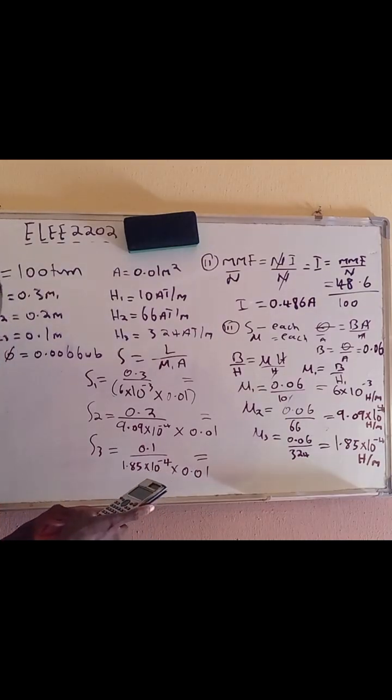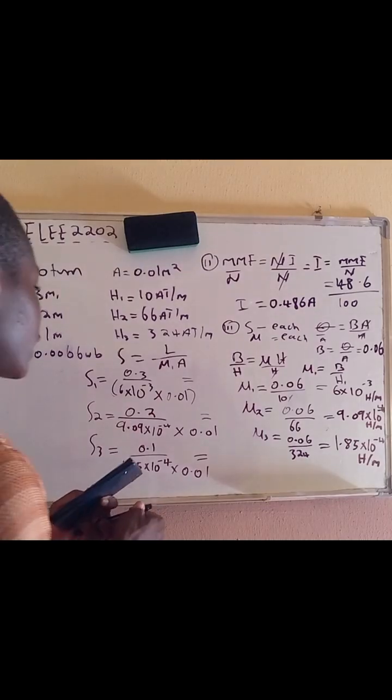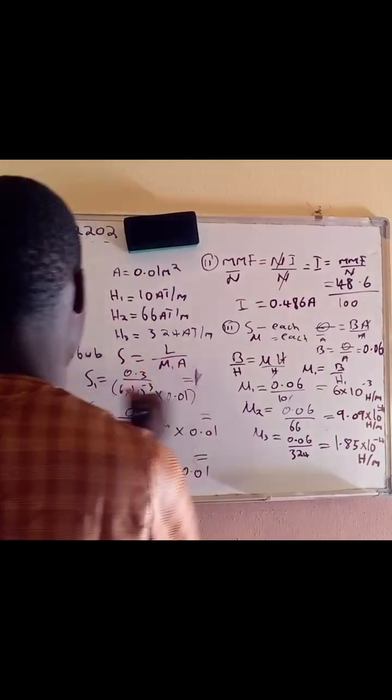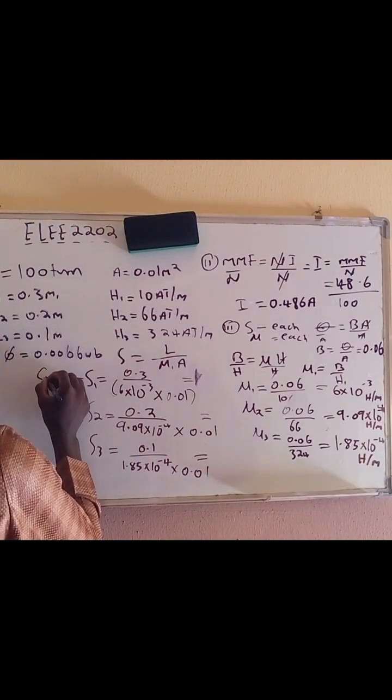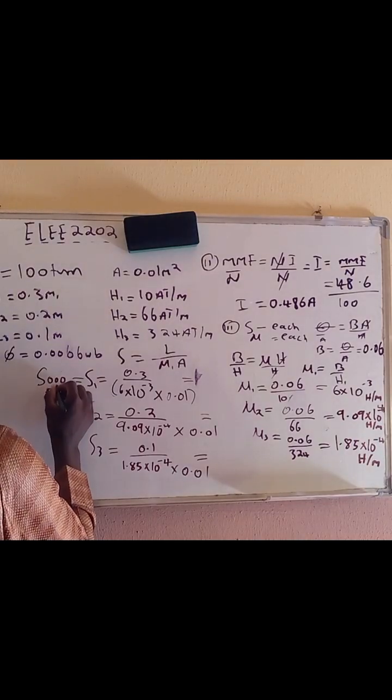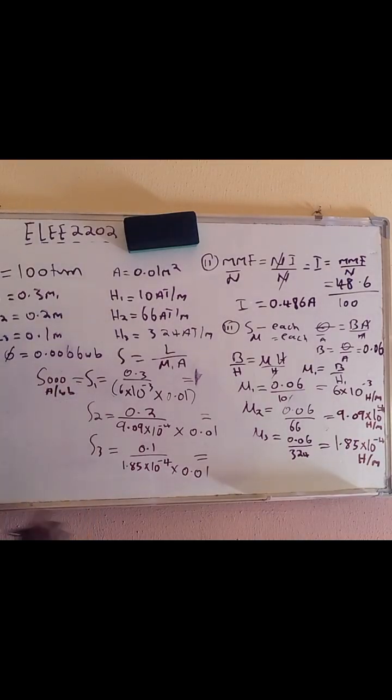0.3 over 6 times 10 exponential of -3 multiplied by 0.01, we have 5,000. The unit is ampere per Weber.